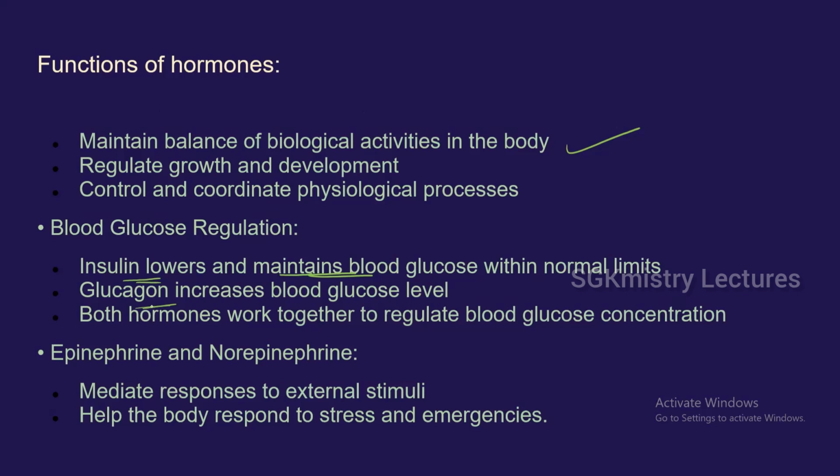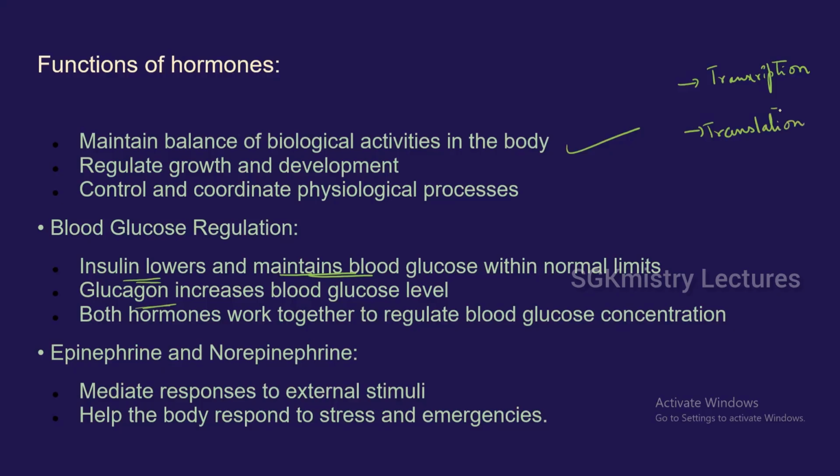Replication, we know, is a process in which the DNA molecule produces two identical copies of its own. Now, protein synthesis occurs in two steps, that is transcription as well as translation.